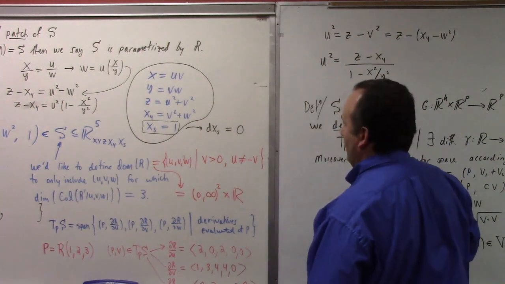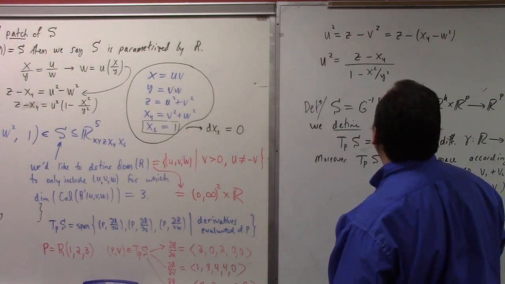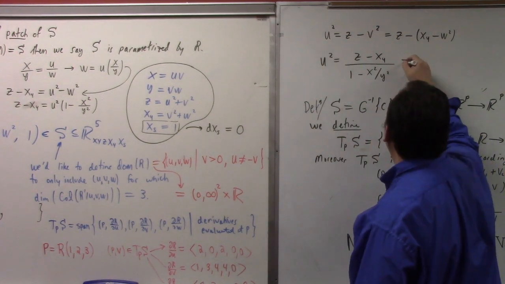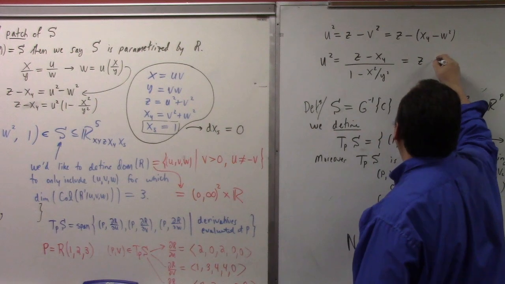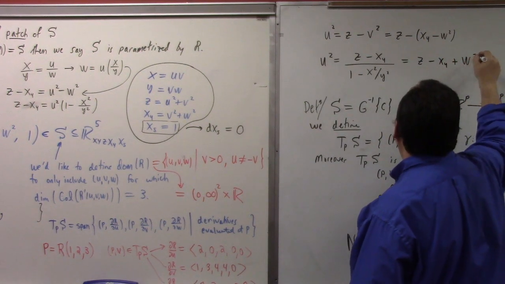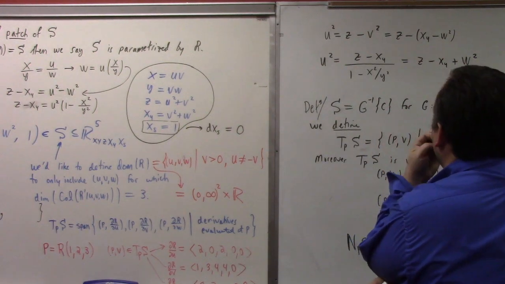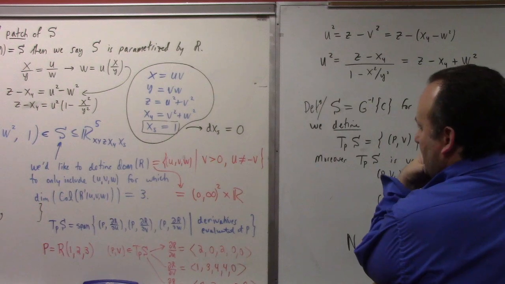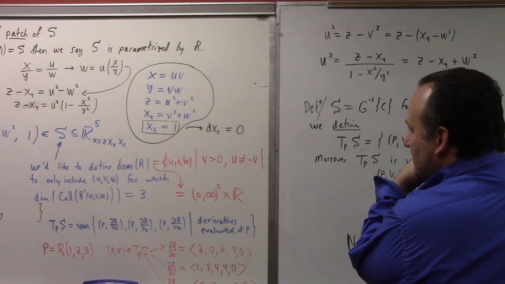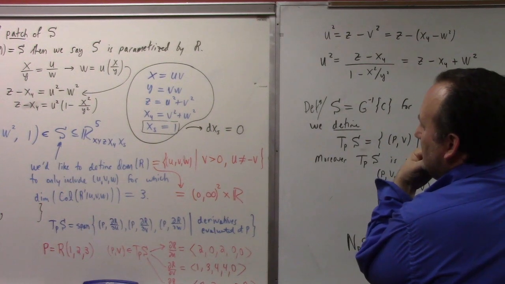And I may be on my path to that. Well, I got rid of the u squared, but now I've brought w squared into the fold, which is annoying.